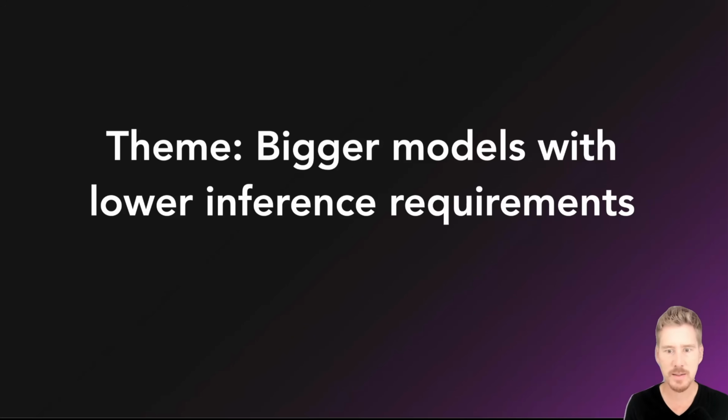It doesn't necessarily mean we can run them at home on a laptop, but at least in a data center it's feasible to run those models at scale and not lose too much money. So one of the themes is lower inference requirements.